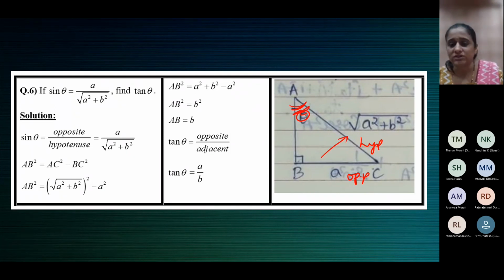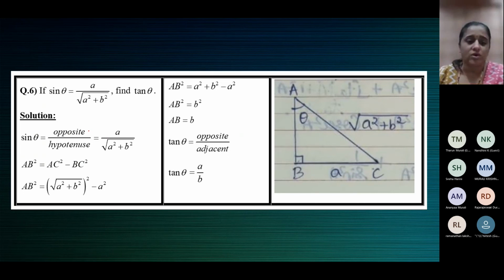If you mark this as theta, this is the opposite side. So you know sin theta connects the opposite side and hypotenuse, or you can write opposite is BC, hypotenuse AC, BC by AC. After filling the opposite side and hypotenuse, find the unknown side AB using Pythagoras theorem.